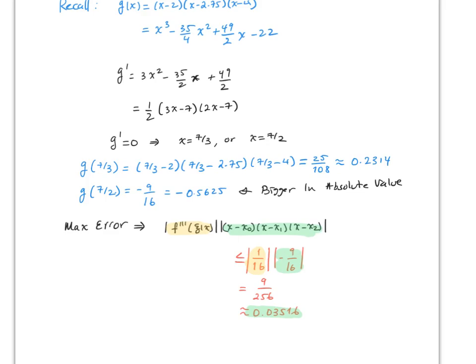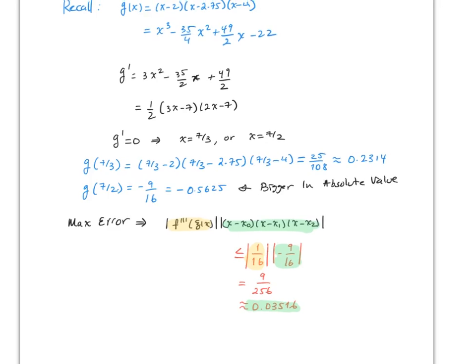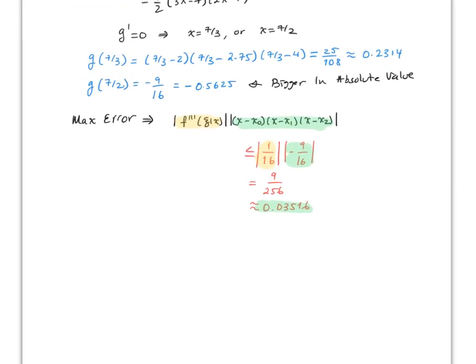For this particular function, we can actually check to see how accurate this maximum error is. So remember the exact function we had was f of x equals 1 over x.